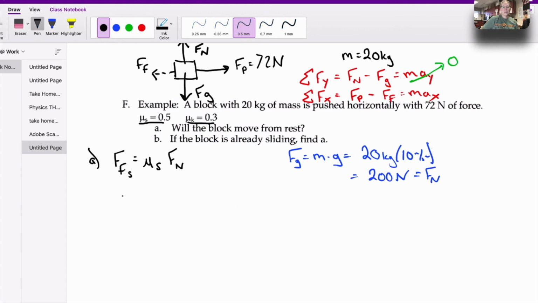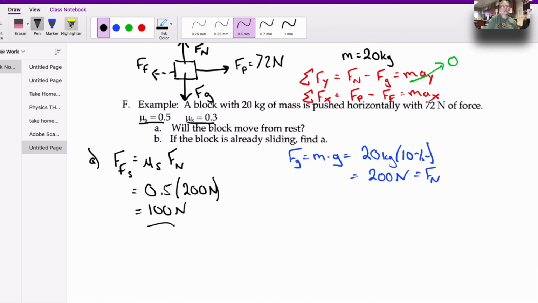So now I have enough to calculate my force of static friction. My coefficient of static friction is 0.5 times my normal force, 200 newtons. So I'm going to get 100 newtons as my answer. Now, this is not the answer to the question.